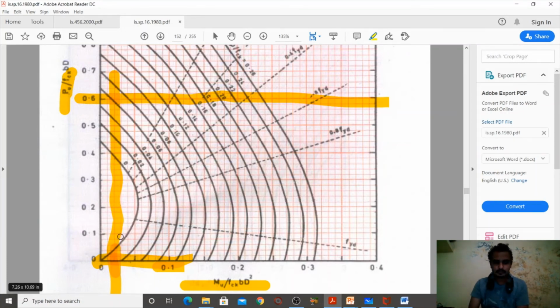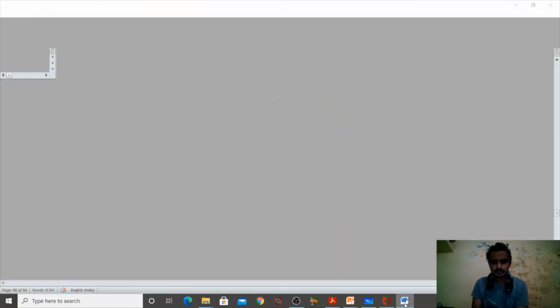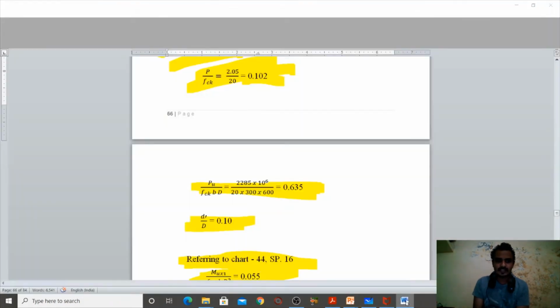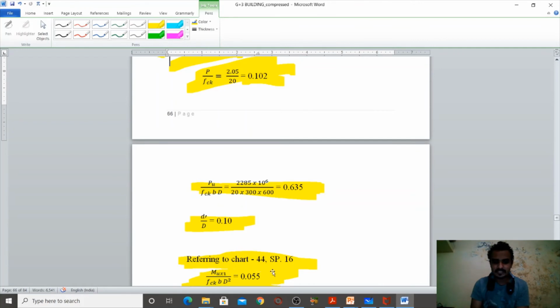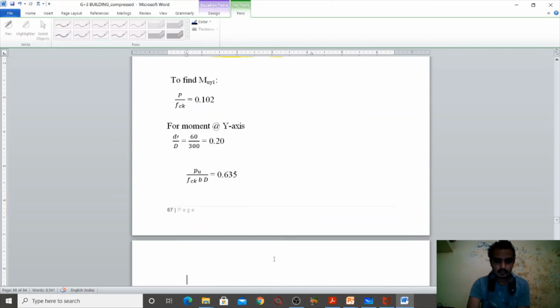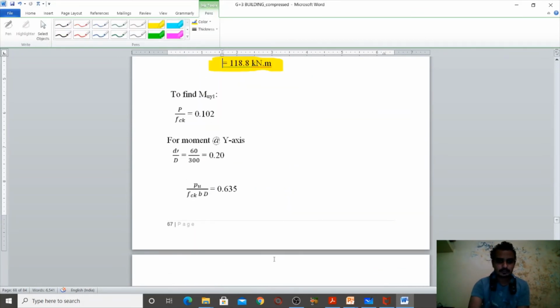PU by FCK in between this value, 0.1. So the graph meets here, and by this method we can find out MUX upon FCK square is 0.05. So MUX1 is 118.8 kilonewton per meter.